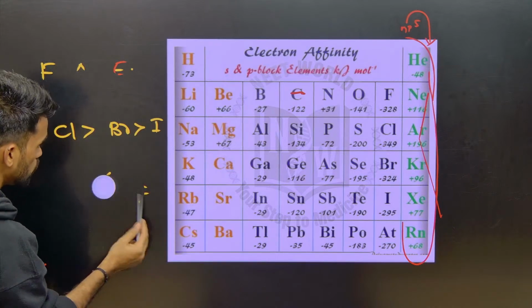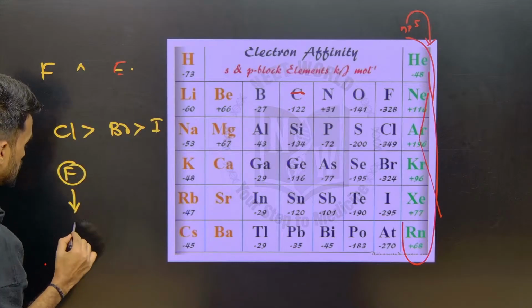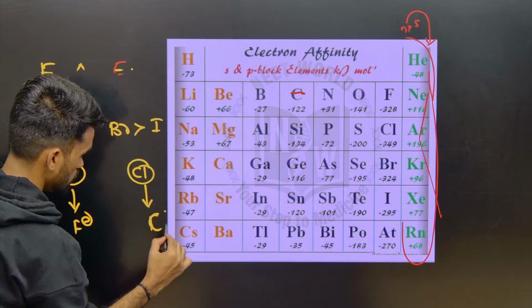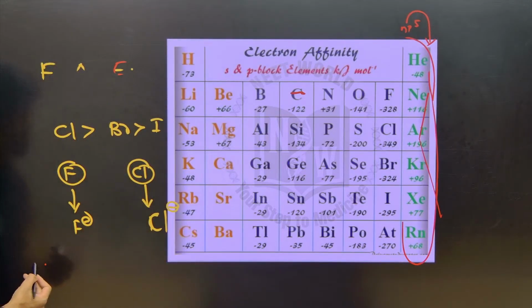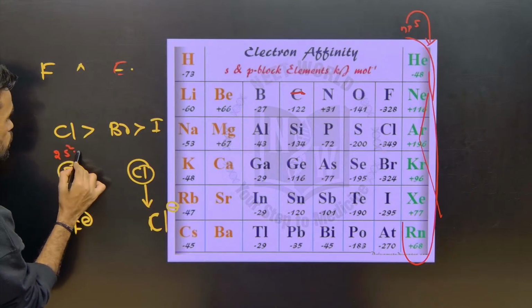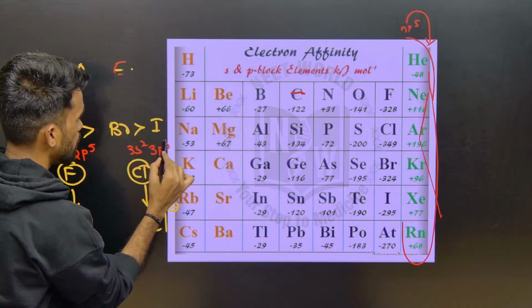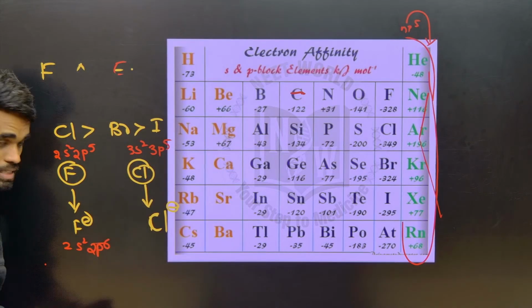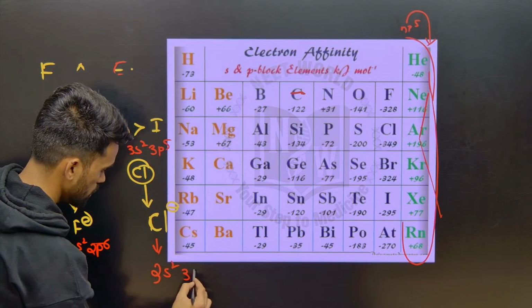Okay. So now look at this. Fluorine becomes fluoride ion by gaining an electron. Chlorine becomes chloride ion by gaining an electron. So if you look at the electronic configuration, fluorine is 2s2 2p5, and chlorine is 3s2 3p5. By gaining an electron, fluorine becomes 2s2 2p6, and chlorine also becomes 3s2 3p6.